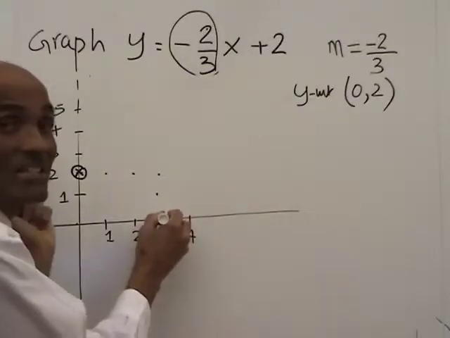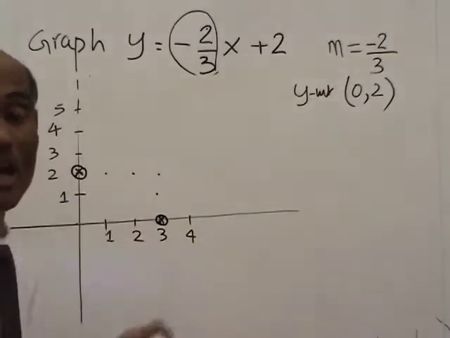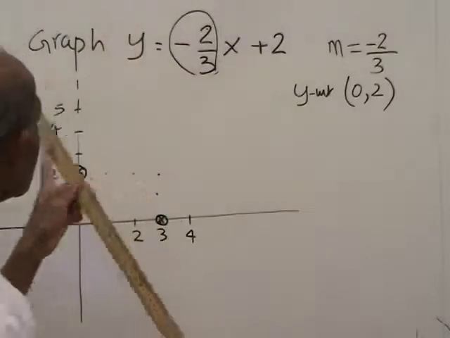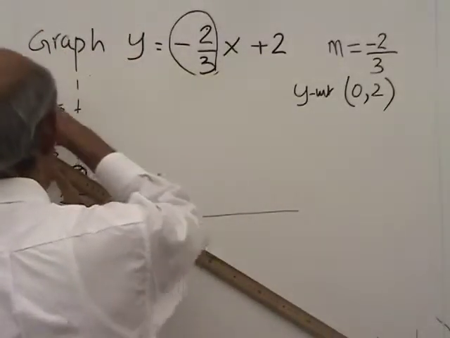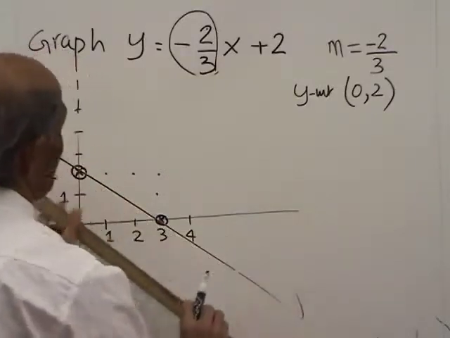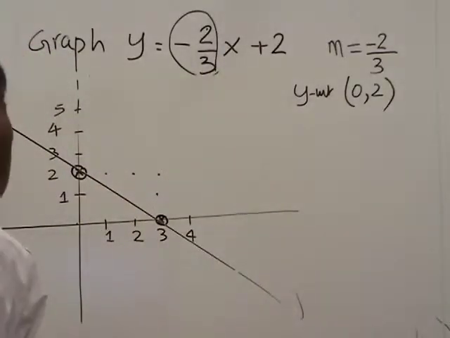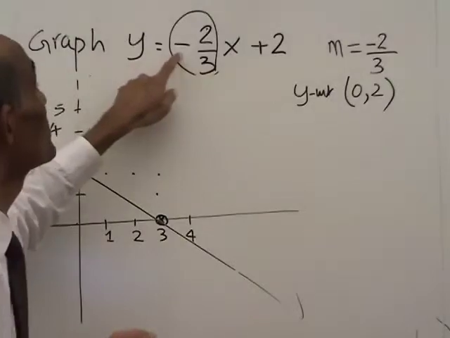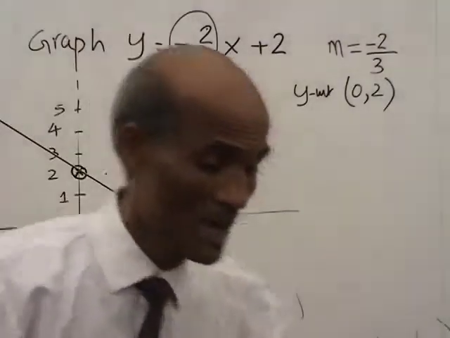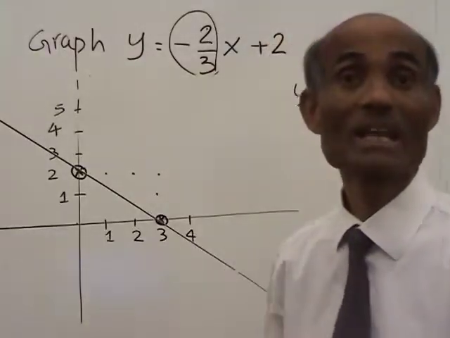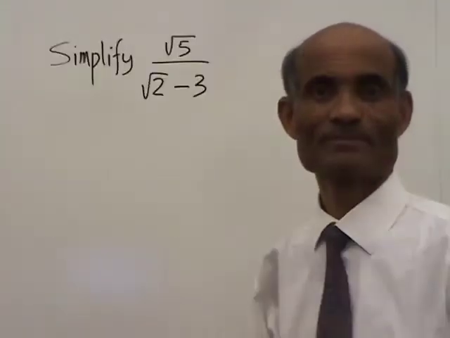You see, that is a point on the graph. And what all now you need to do is, that is the graph of the equation y equal to negative 2/3 x plus 2. Alright? You must develop all these skills to do the final.